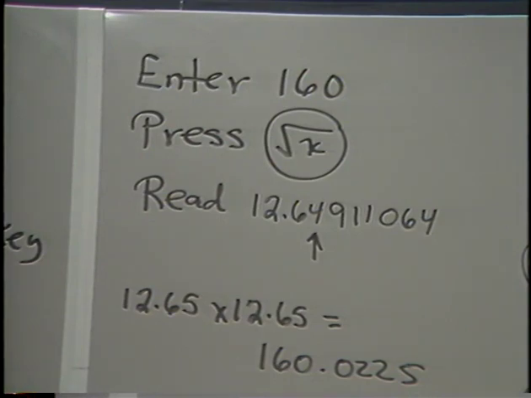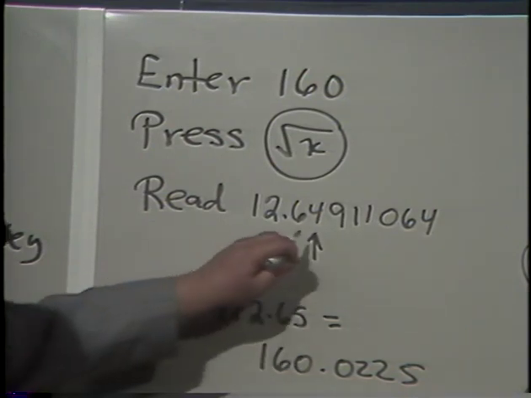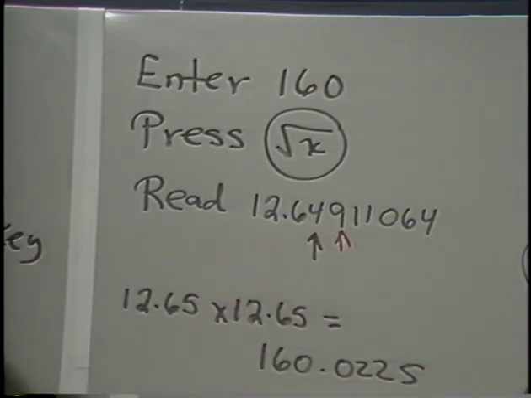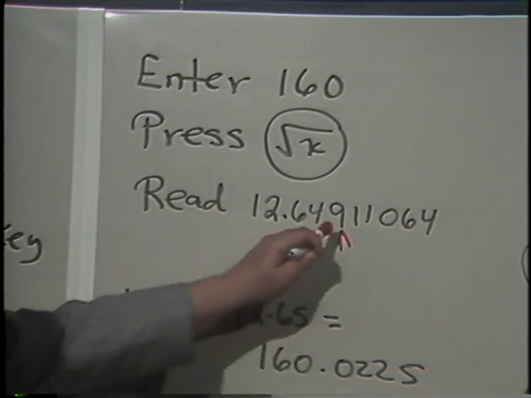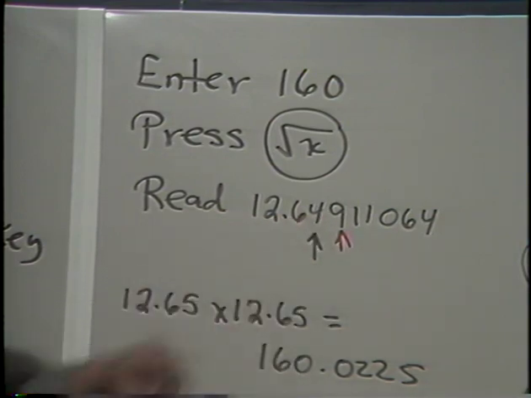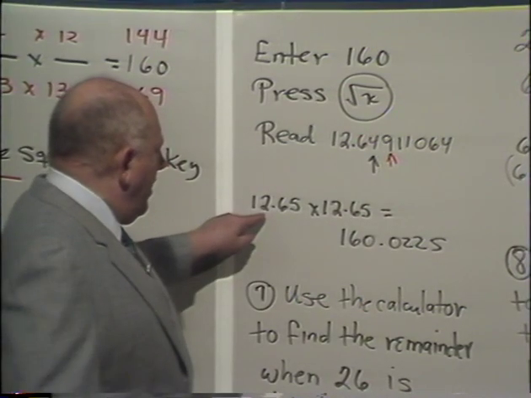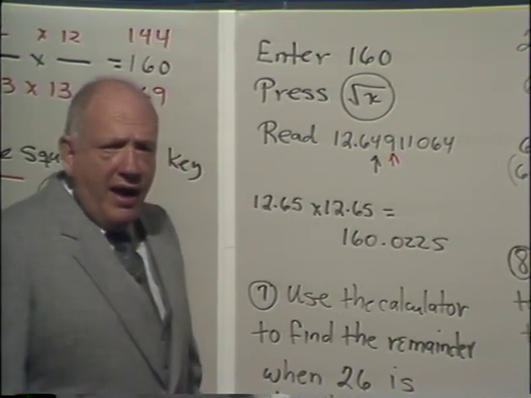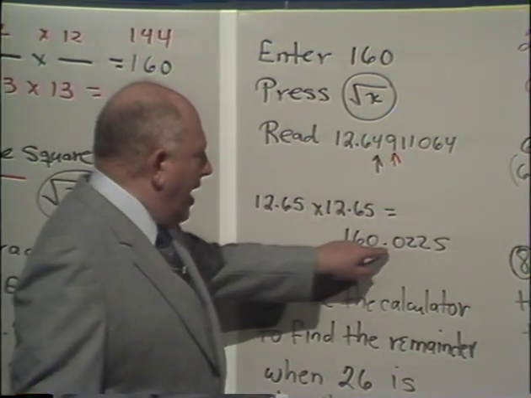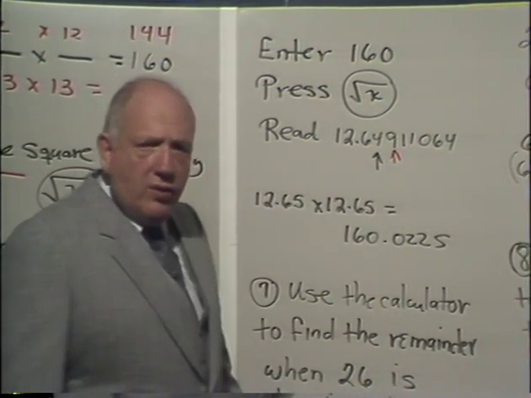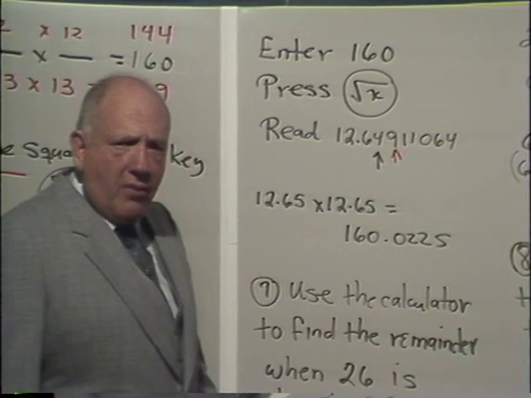I said find the answer to the nearest hundredth, so we go to the hundredths place, look at the digit immediately to the right. That's more than 5, so we round this up to a 5, and so the answer is 12.65. And just as a rough check, if you take 12.65 and multiply it by itself, you get 160.0225, a pretty good approximation.